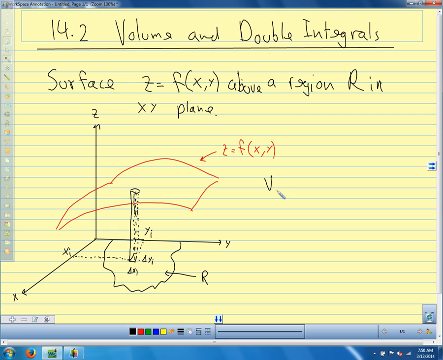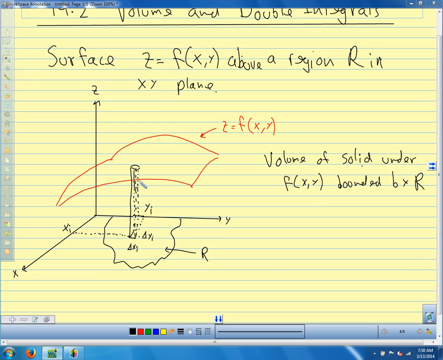So the volume of the solid under f of x, y bounded by R is going to be the sum of the volumes of these rectangular prisms.